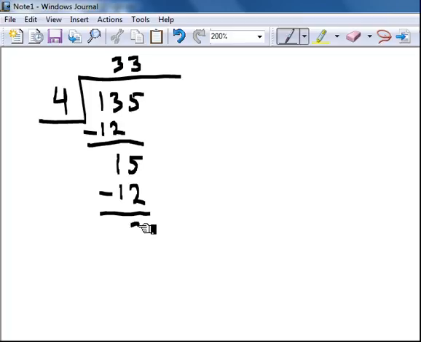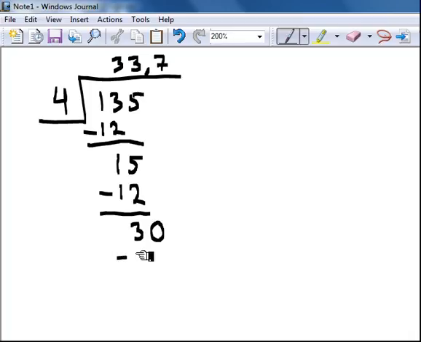We're left with 3. Now we add a 0 here, because we don't have any more digits here. 30, how many times can we put 4 into 30? 7 times. Since it stops here, 135, we add the decimal point, comma, and then write 7.